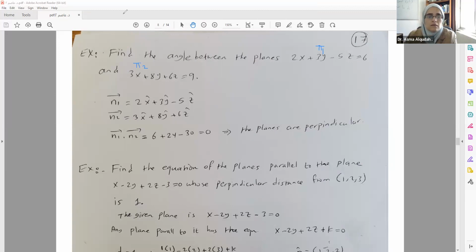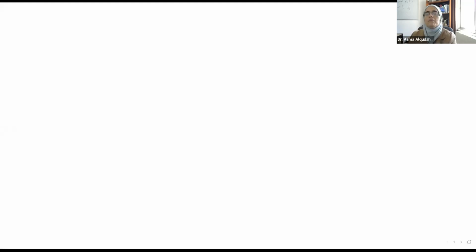Let me talk a little bit about this here on the whiteboard. For planes, if you want to perform any calculations between any two planes, like finding the cross product or calculating the dot product, you can't do these kinds of calculations between the two planes themselves.